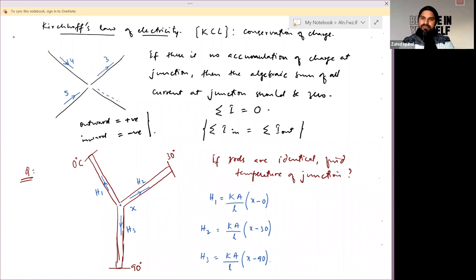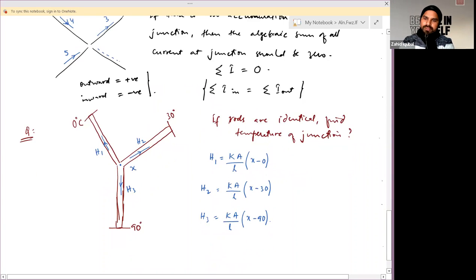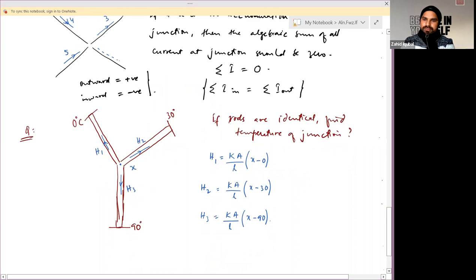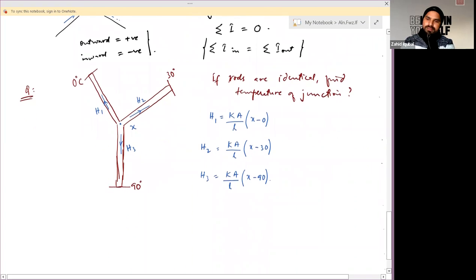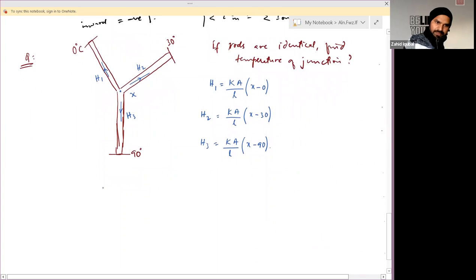Now, according to the above rule, Kirchhoff's law of current, since I've assumed total current to be outward, and outward current must be taken as positive, the sum of all current at the junction must equal 0. So H1 plus H2 plus H3 equals 0, in which KA divided by L, take it as common.